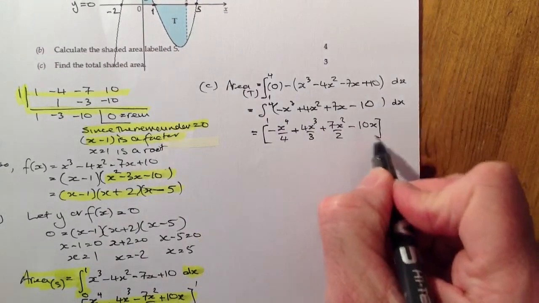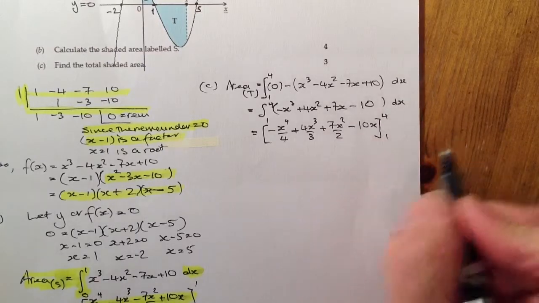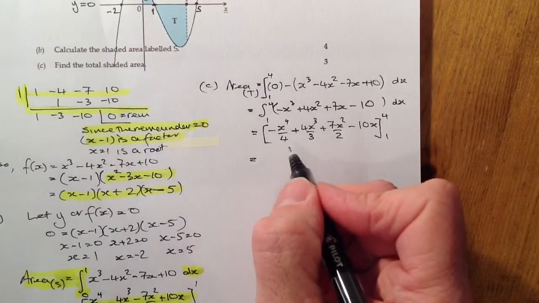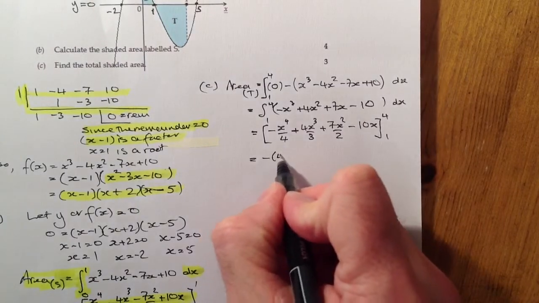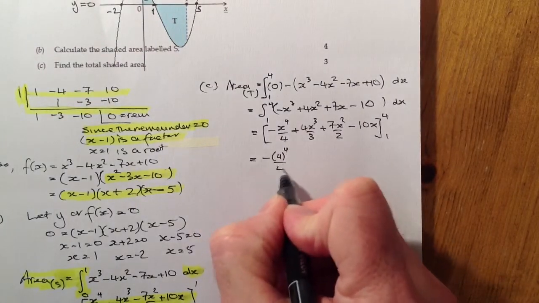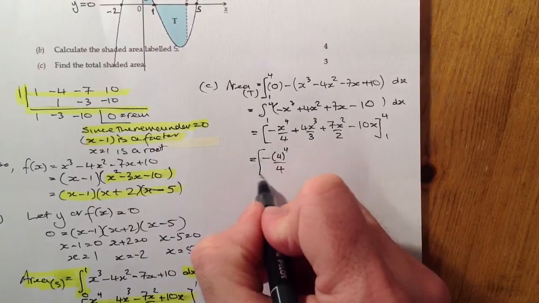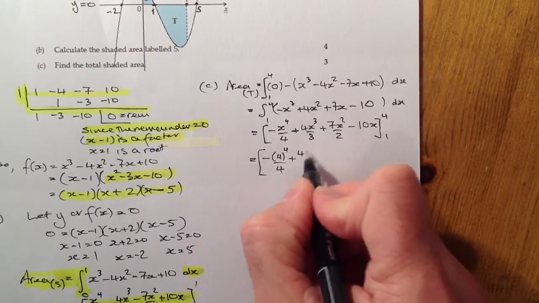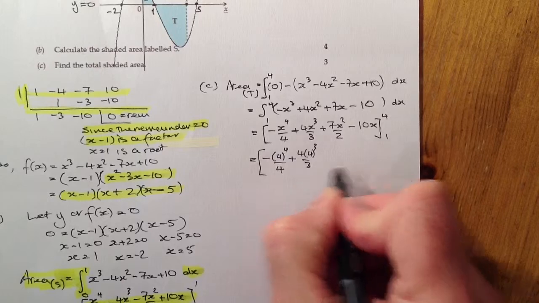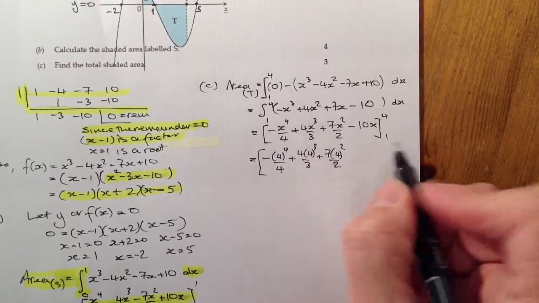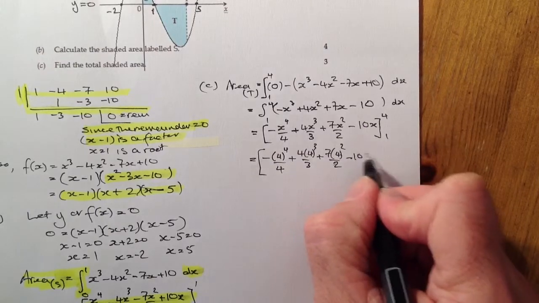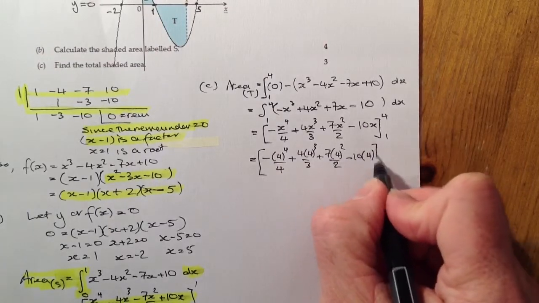I'm going to integrate between 4 and 1, substituting the values in. So I've got minus 4 to the power of 4 all over 4, plus 4 times 4 cubed all over 3, plus 7 times 4 squared all over 2, and minus 10 times 4.